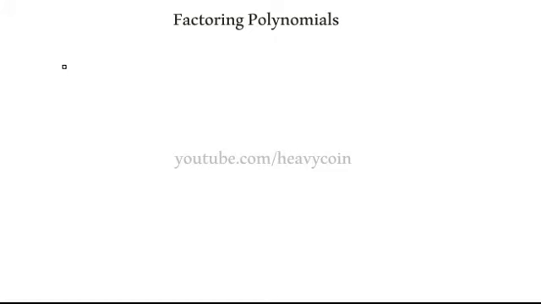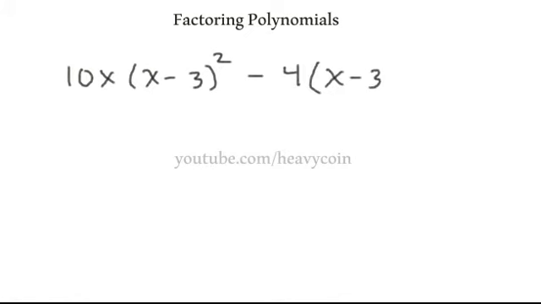Alright, looking at examples on how to factor polynomials. So let's look at this one here. Okay, so we have an x minus 3 and we have an x minus 3 over here, but we're always going to pull the one out that has the smallest exponent.